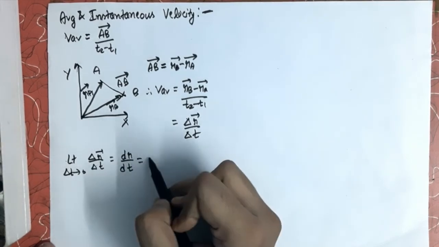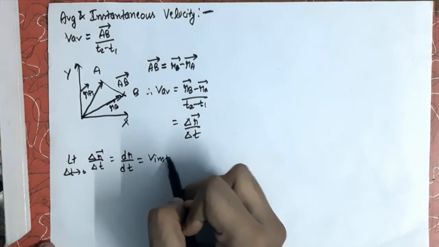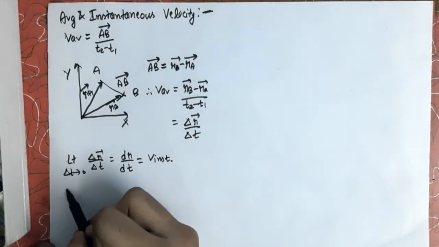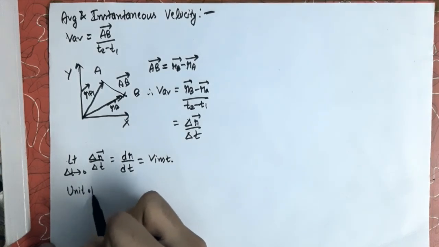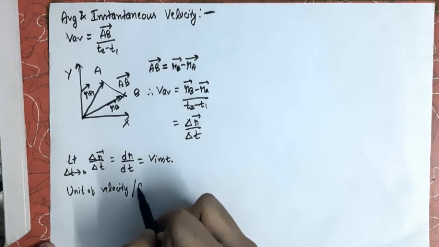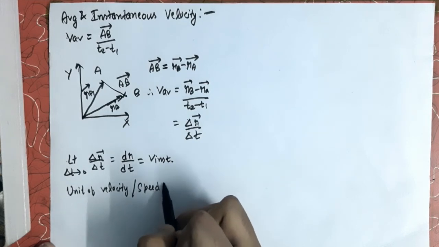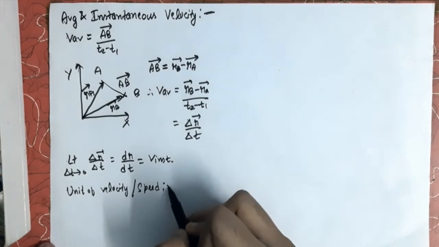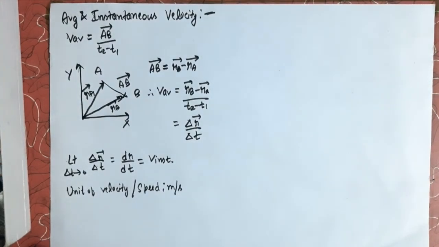This is nothing but v instantaneous. Got it? Now, what is the unit of velocity or speed? It is distance per unit time, so it has to be meters per second.